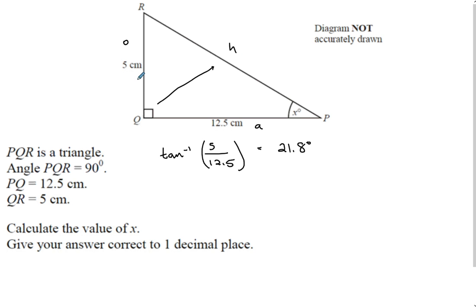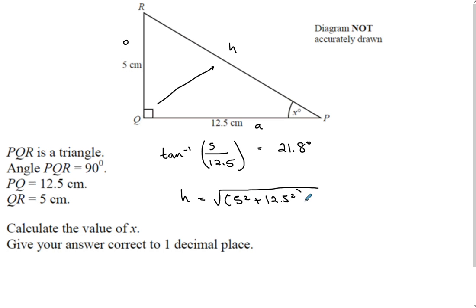Okay? Then if they ask you to find the length of your H, what you should remember, rather than doing trigonometry again, is because you've got two sides of a right angle triangle, to find the third side of it, you use Pythagoras. So we say H, which is the longest side, is the square root of 5 squared plus 12.5 squared.